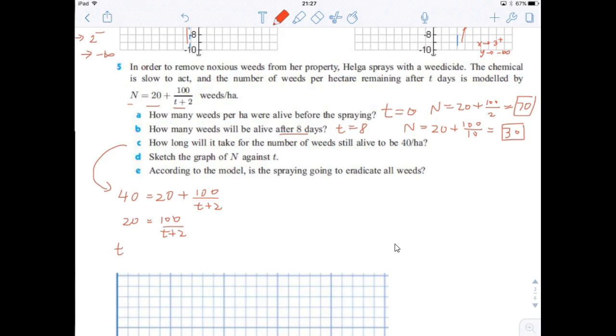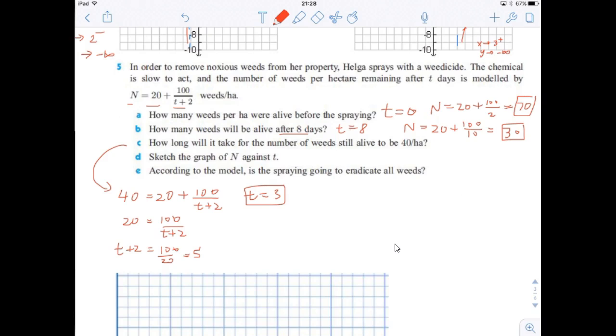Multiply both sides by t plus 2. Divide both sides by 20. Equals 5. So t plus 2 equals 5. Subtract 2 from both sides, we get t equals 5 minus 2, which is 3. So the answer to C is t equals 3. So in 3 days, there will be 40 weeds alive.